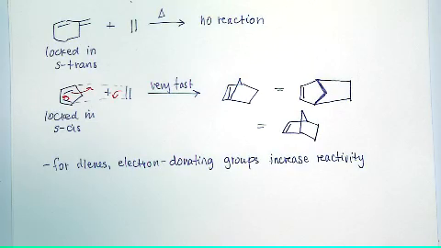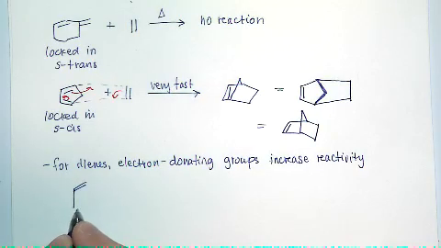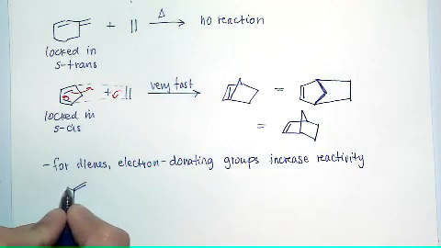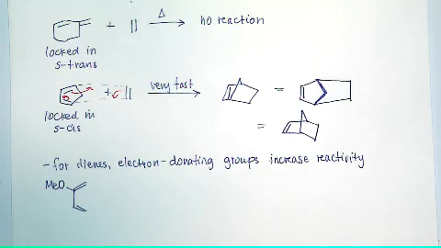Okay, so for dienophiles, electron withdrawing groups increase the reactivity. For dienes, electron donating groups increase reactivity. An example of that would be a methoxy group.